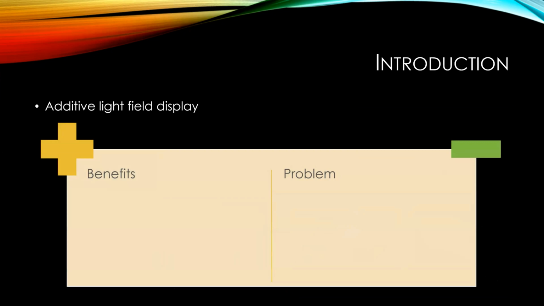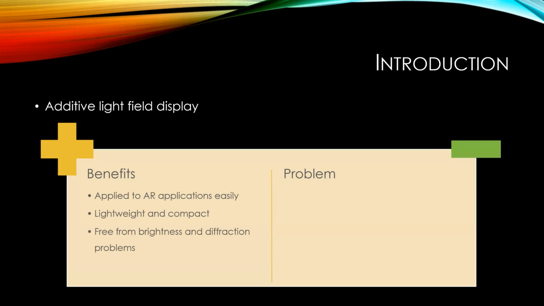The additive light field display has several benefits compared to other types of accommodative display. First, it can be applied to AR applications easily. Second, it can be implemented in a lightweight and compact form. Third, it is relatively free from brightness and diffraction problems. There are also problems with additive light field display.